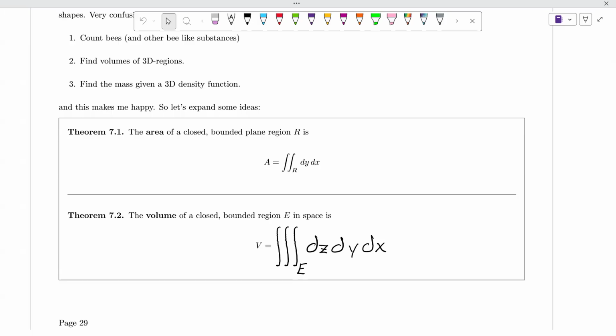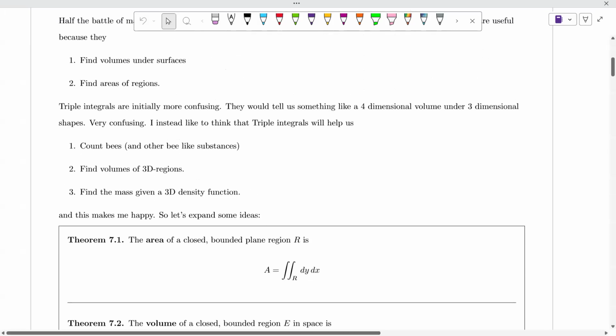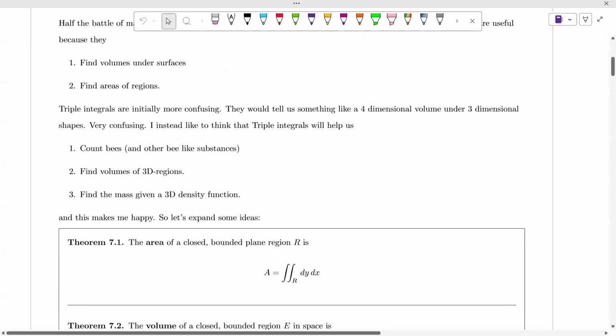So it'll have length and width and depth to it. So we'll have 3 dimensions that we integrate over. And again, if we just integrate dV, here written out as dz, dy, dx, we will just get the volume of that region.